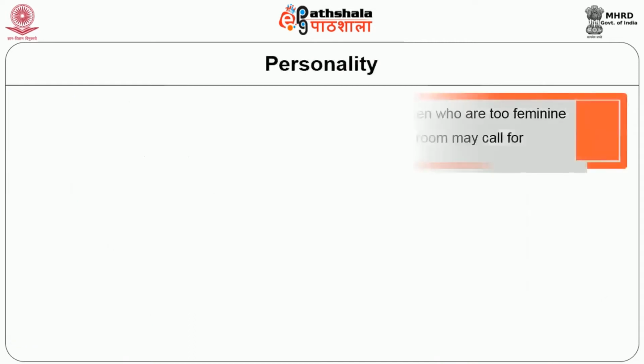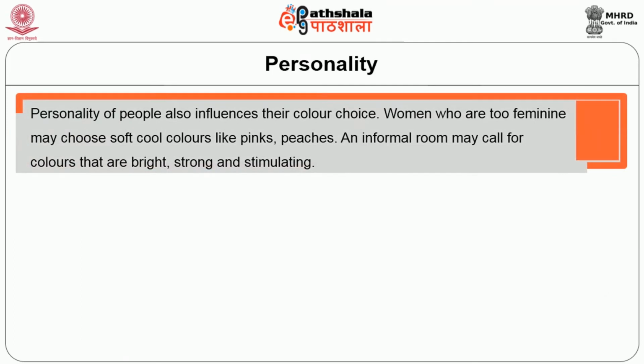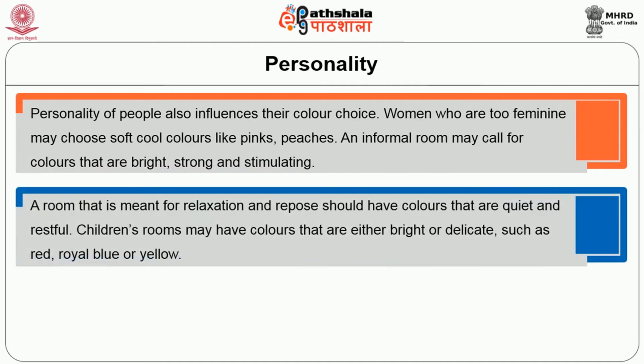Personality. Personality of people also influences their color choice. Women who are very feminine may choose soft colors like pinks, peaches, etc. An informal room may call for colors that are bright, strong and stimulating. A room that is meant for relaxation and repose should have colors that are quiet and restful.